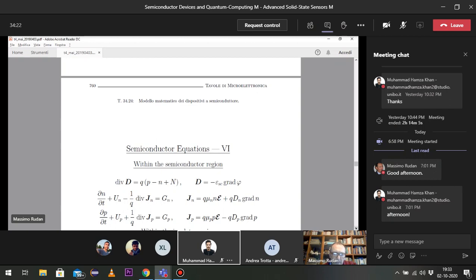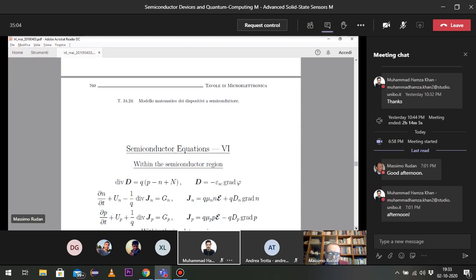So the continuity equation is dn over dt plus Un minus 1 over Q divergence of Jn equal to Gn. The corresponding drift diffusion transport equation is Jn equal to the drift term, which is the conductivity of the electrons times the electric field, where the conductivity of the electrons is Q mu n times n, plus the diffusion term Q Dn gradient of n.